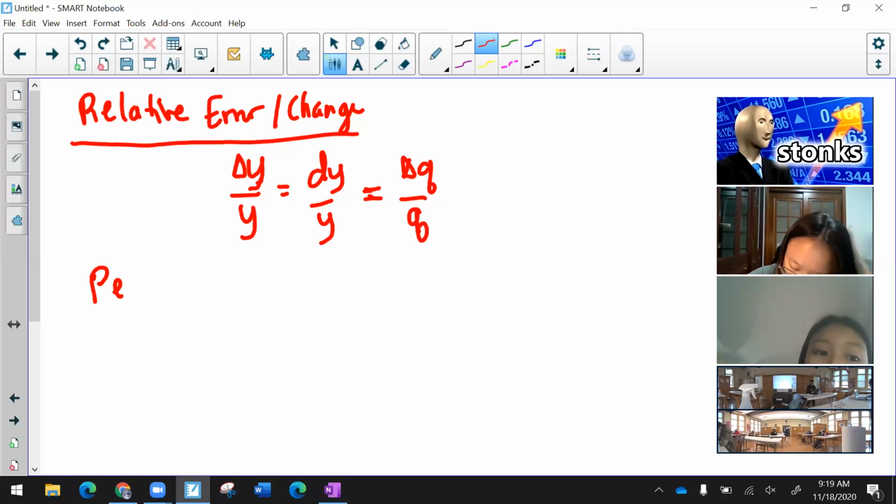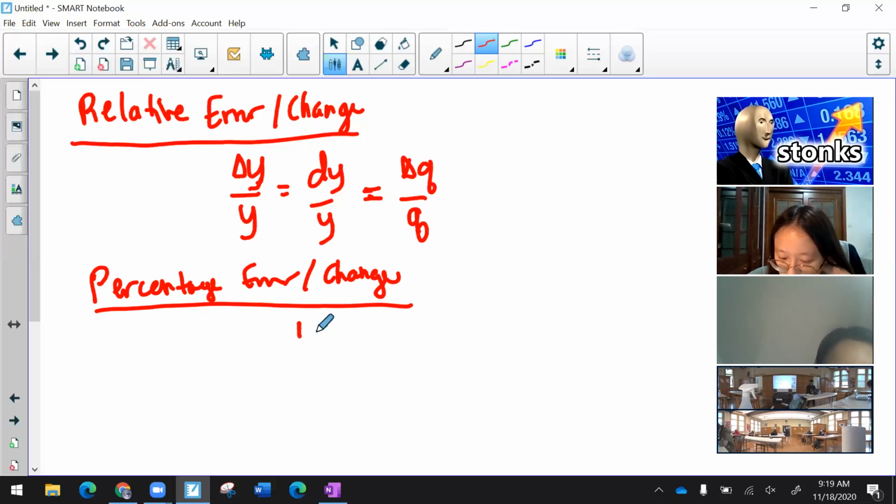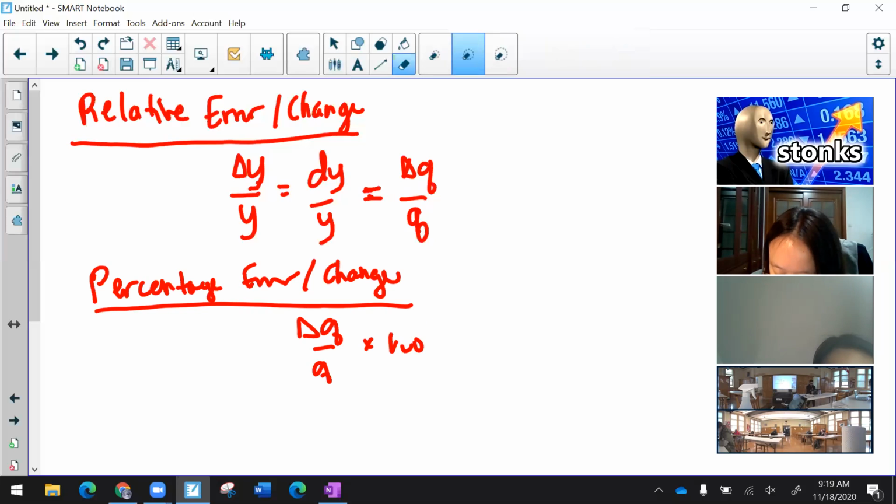Sometimes another way to look at this is percentage error or change. And in that case, we're just going to take that relative error and multiply it by 100%.